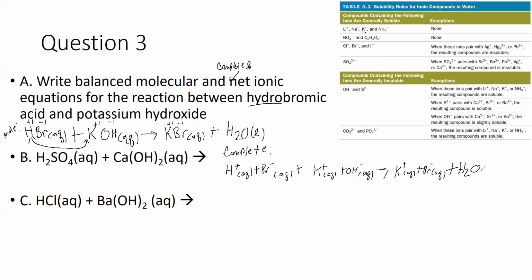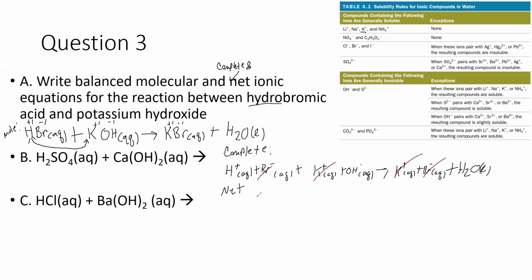So that's H2O liquid. And then for the net, we need to take the complete and cross out anything that's on the arrow on both sides. So Br minus, with the Br minus gets canceled out. K plus canceled out.